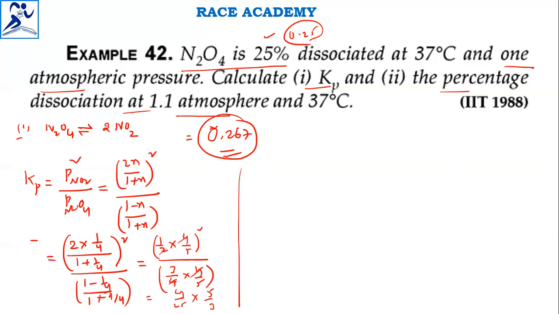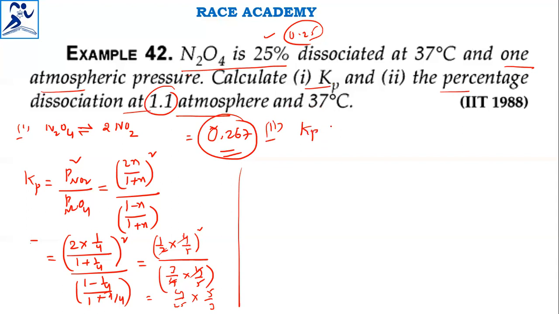See the second one. When you see the second one, they are asking us to find the percent dissociation at 1.1 atmosphere at 37 degrees Celsius. In this juncture, we have to take the total pressure is 1.1 and we have to find the x value for this one. Okay. So Kp value I will write.